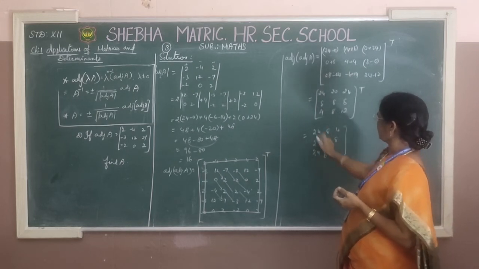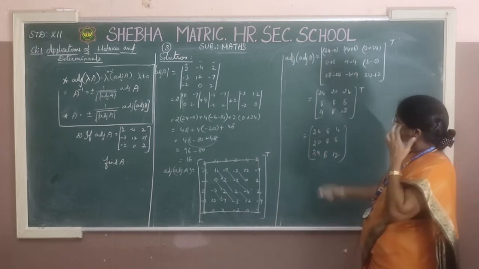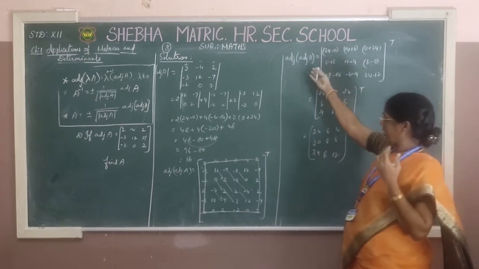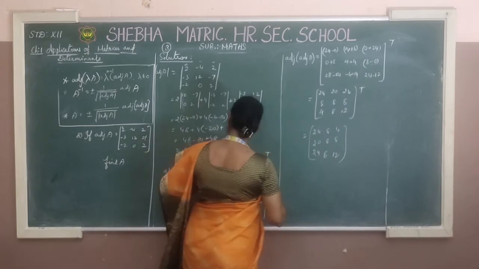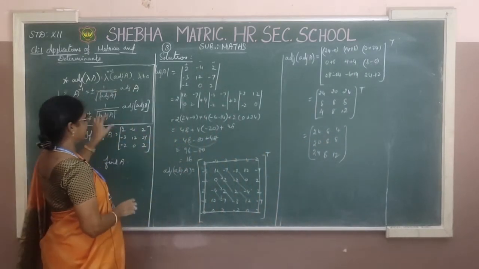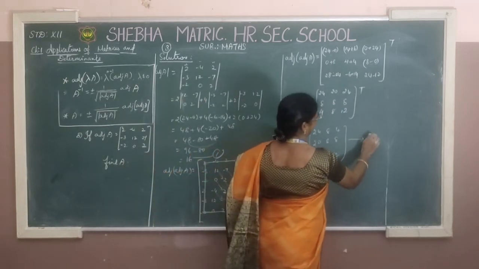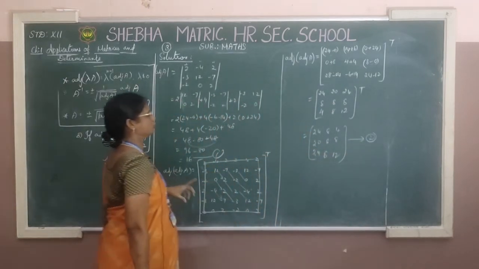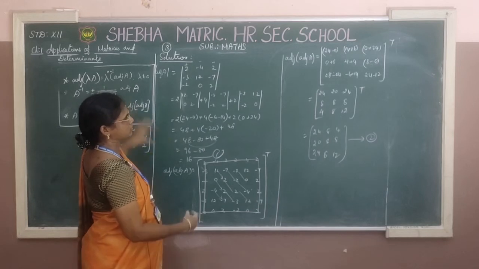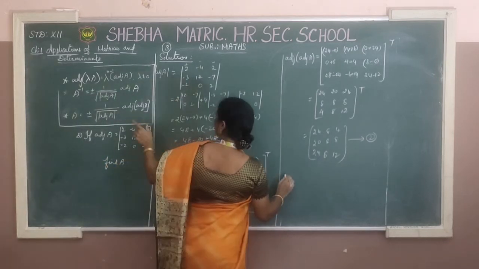We have to change all the rows into columns. This is our adjoint of adjoint A. So this is our determinant value and this is our adjoint of adjoint value. So using these two, as per the formula, you have to substitute, you get the answer.